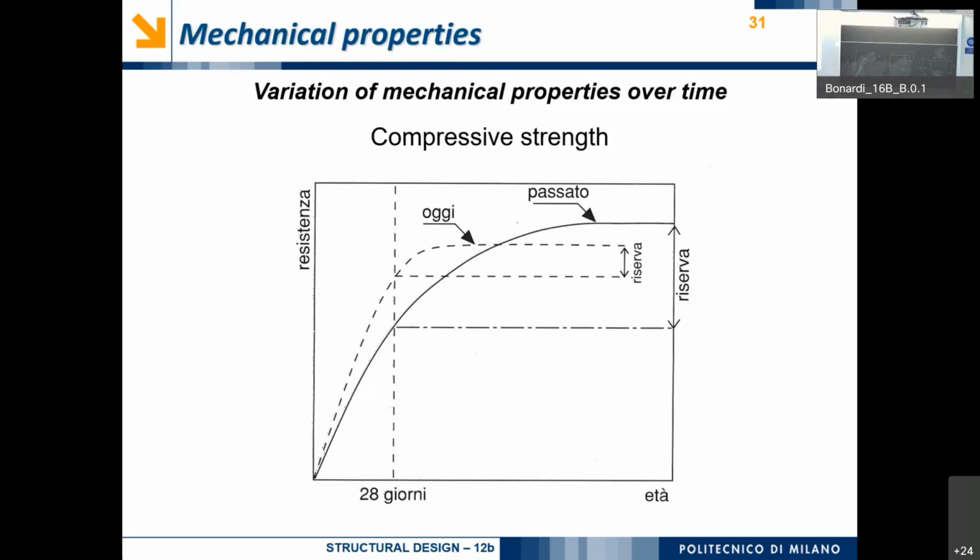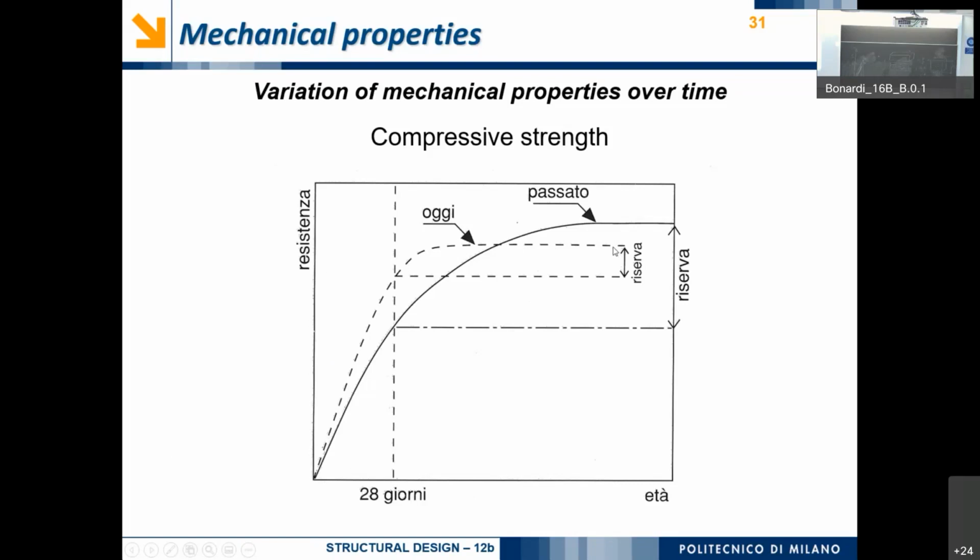Basically, independently from how we load the structure, the Young's modulus will increase in the future. Initially, it is an exponential increase. It reaches its standard level of resistance after 28 days, so from 0. And then the gain we have in resistance is less and less.